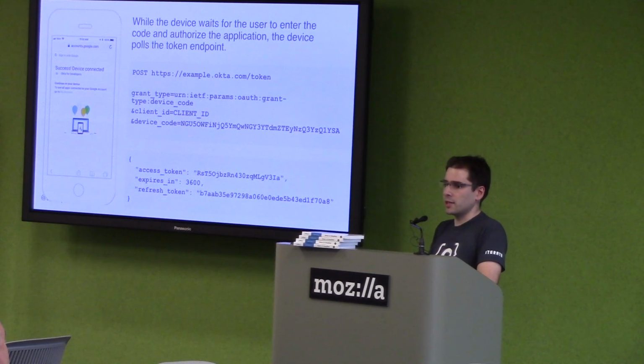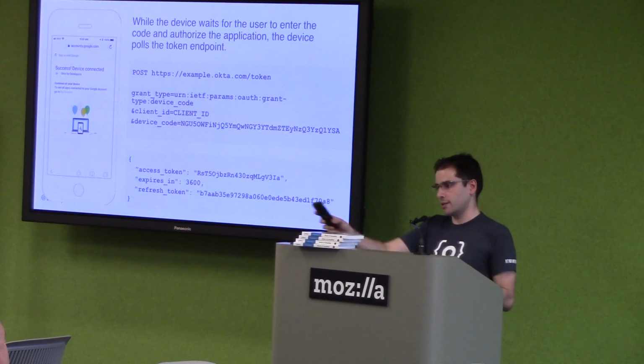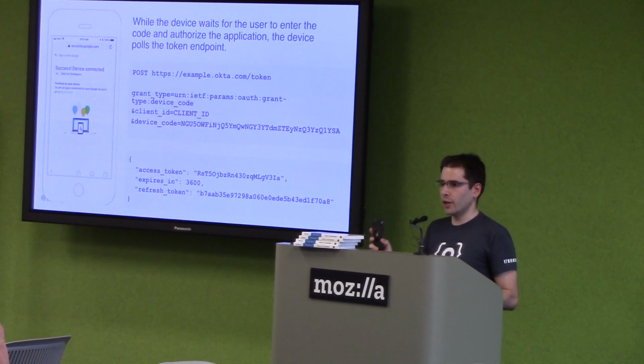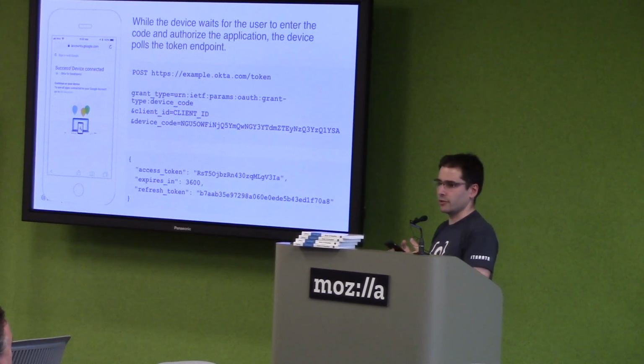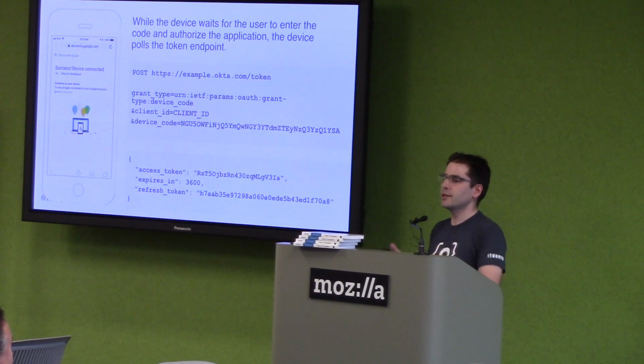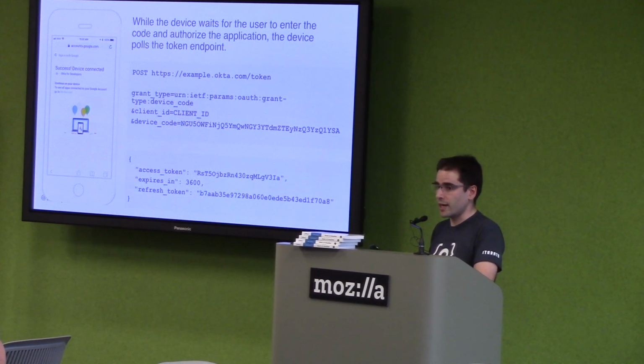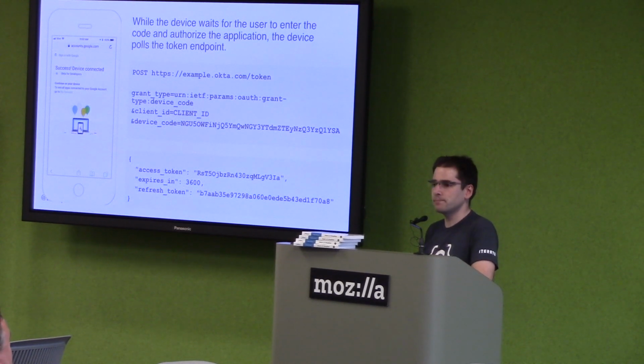You can imagine NFC, if the device could activate a thing where you tap your phone and the browser opens to that URL where it's already pre-filled, then you only have to log in on Google or whatever. Or QR code. Take a picture of a QR code if the device can display one, or maybe even Bluetooth. Anyway, there's a whole bunch of different ways this could work. People are experimenting with that, and we'll see something interesting come out of that, I'm sure.